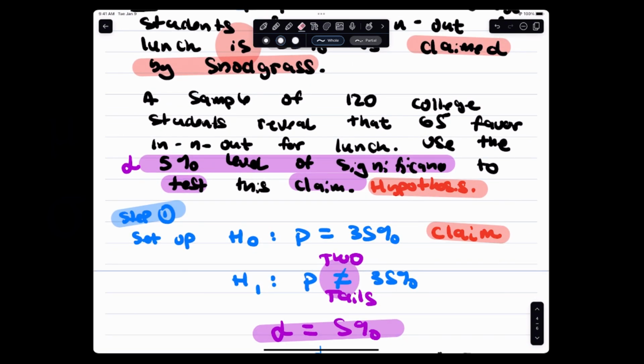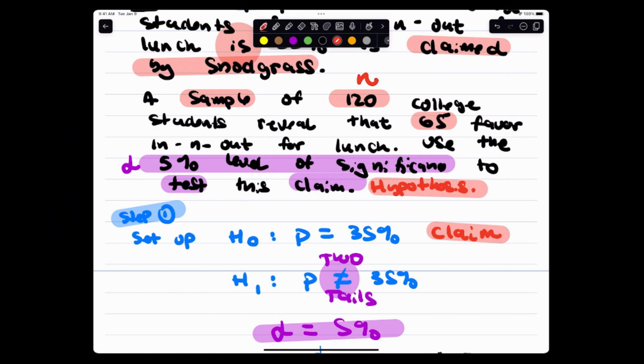What I have to share with you now is this. This is where the sample information comes in. It says a sample of 120 college students reveals that 65 favor In-N-Out for lunch. Remember the estimation? This is exactly what you did for estimation. What does 120 represent? That's the sample size.